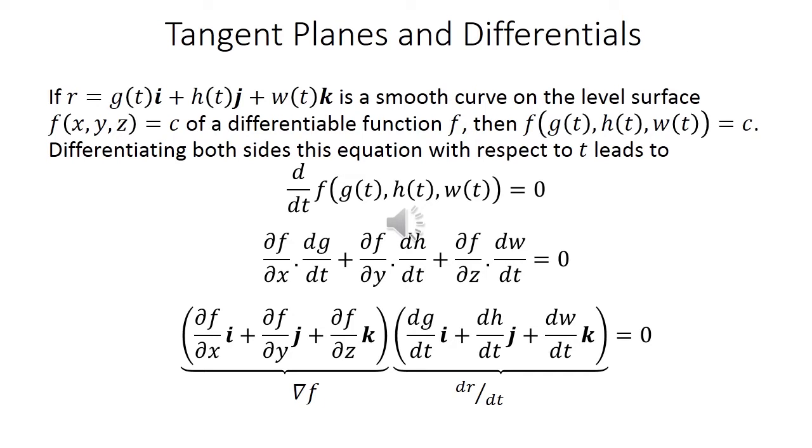Differentiating both sides of this equation with respect to t leads to the following: d/dt of f equals 0.